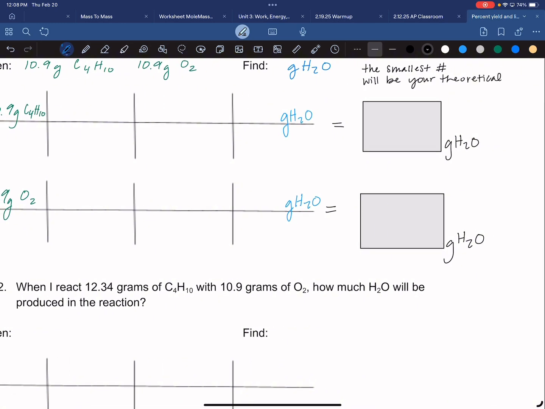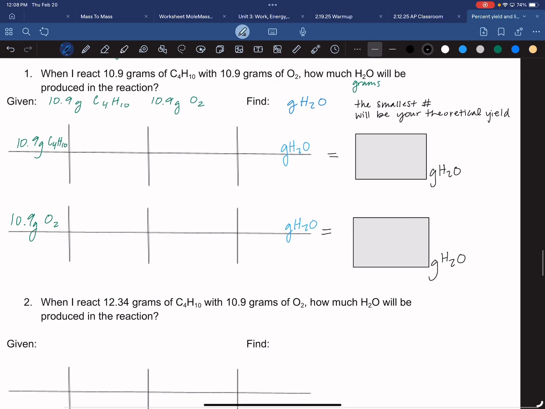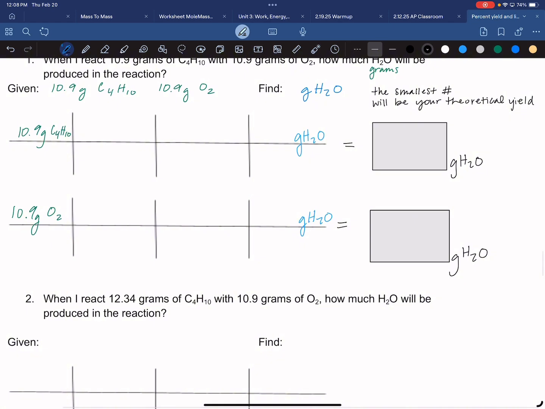This is what you will theoretically find. And based on your smallest number, you can determine what is your limiting reactant. Your two choices for your limiting reactant are either going to be C4H10 or O2.